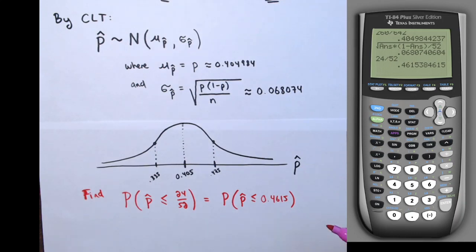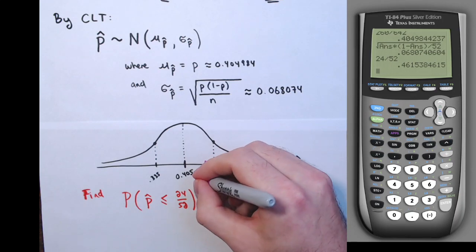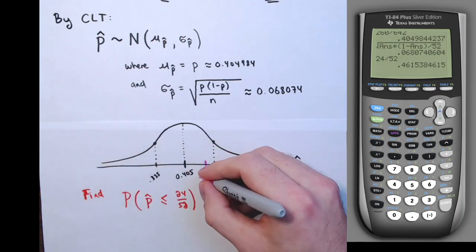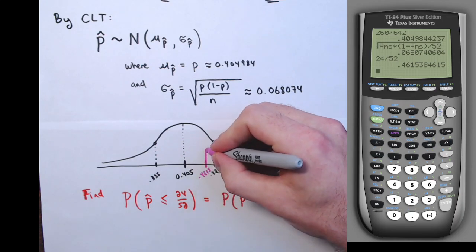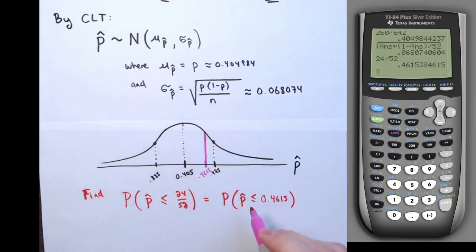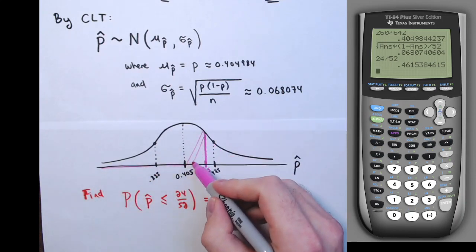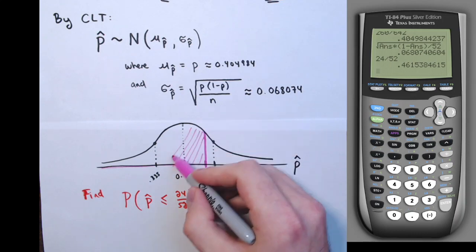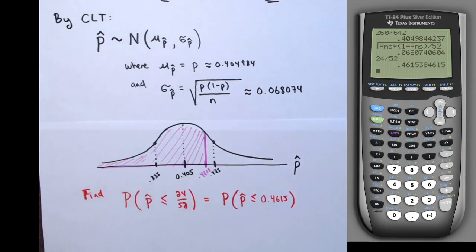Now 0.4615 would be around here somewhere, right, on the p hat number line, 0.4615, 24 out of 52. And we want the area to the left, right? We want to find the probability that p hat is less than or equal to that. So we're talking all this area here. Okay.